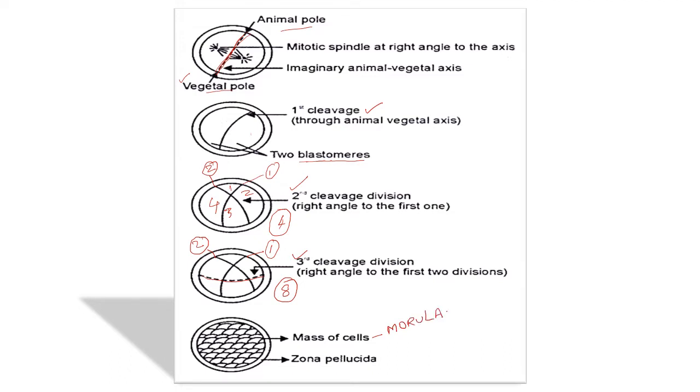Already we studied that the morula does not increase its size because it is surrounded by an intact, undamaged zona pellucida. As a result, the morula does not increase its size.